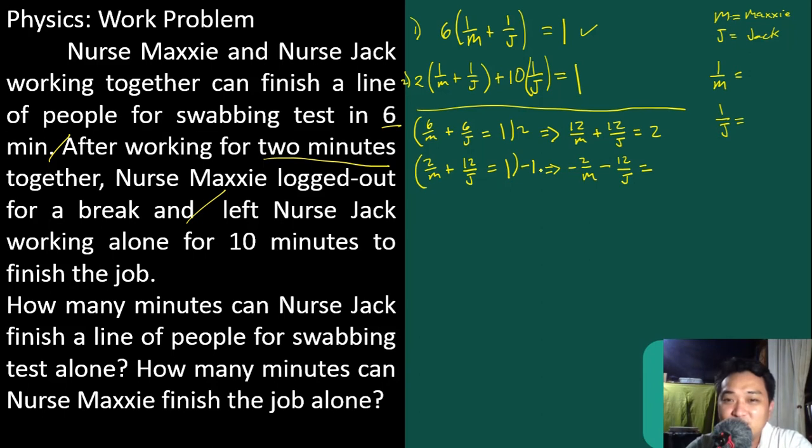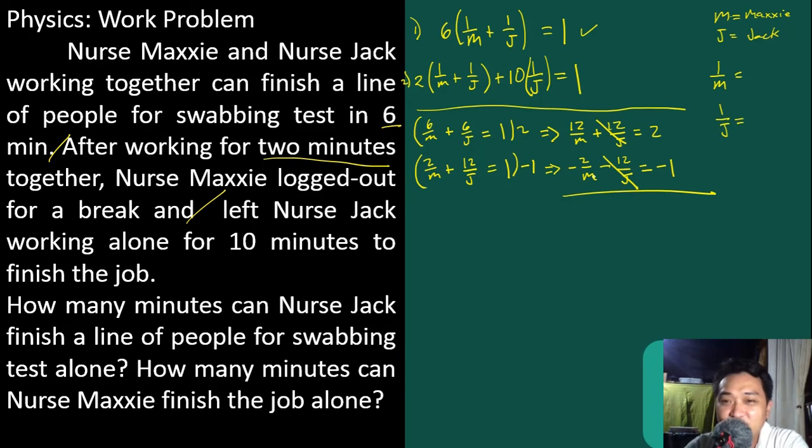And 1 times negative 1 here is just negative 1. Now we could simply subtract or add them. So here we can cancel this, positive 12 over J and negative 12 over J. Anyway, they are zeros. No need to write 0.